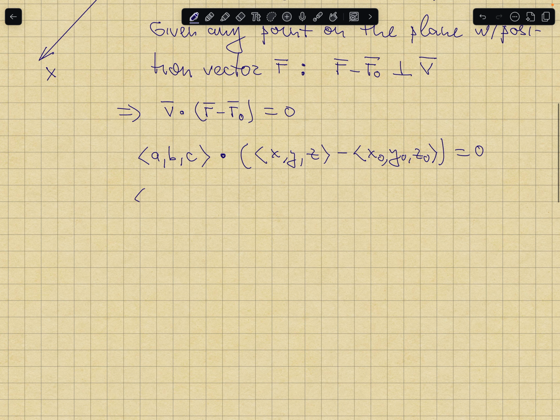This is the same thing as (A, B, C) dot product with the vector (x minus x0, y minus y0, z minus z0) equal to 0.